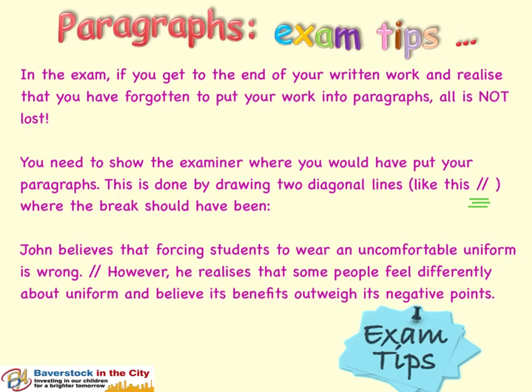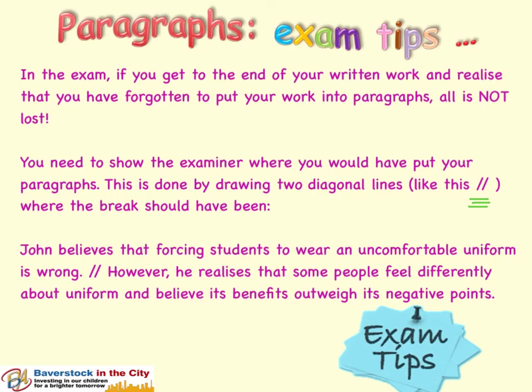John believes that forcing students to wear an uncomfortable uniform is wrong. However, he realises that some people feel differently about uniform and believe its benefits outweigh its negative points.